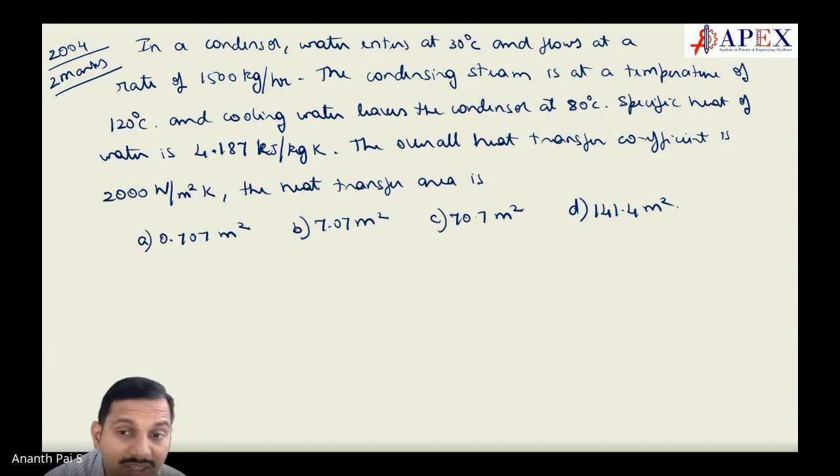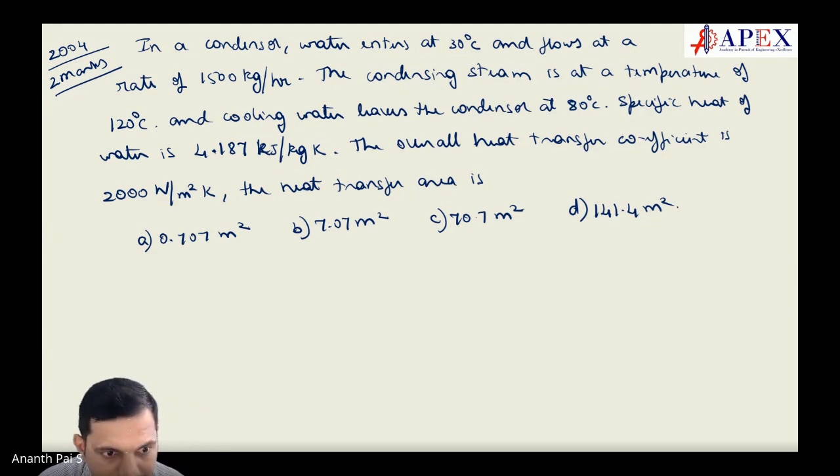Cooling water leaves at 80 degrees centigrade means what? Is it the condensed steam which leaves at 80 degrees centigrade? No, the cooling water, which is at 30 degrees centigrade, leaves at 80 degrees. So what should you calculate? You should calculate LMTD here, is it not? So how do you have to do here?